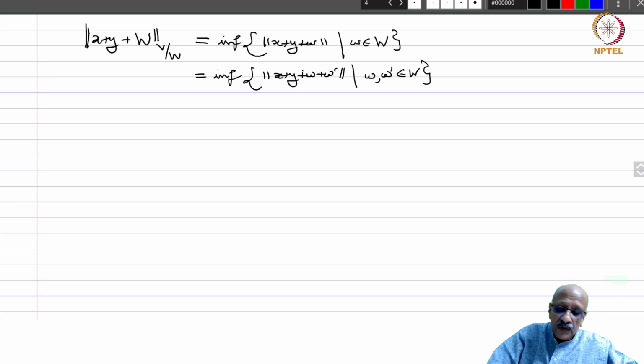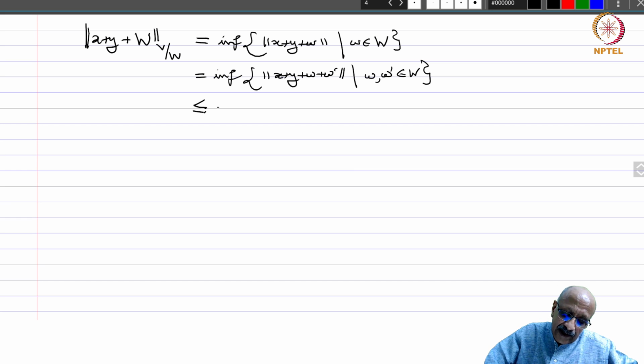Because these two sets are one and the same. For instance, this can be written as x plus y plus w plus 0, and x plus y plus w dash can be thought of as a single element. So these two sets are really the same, and therefore the infima are the same.